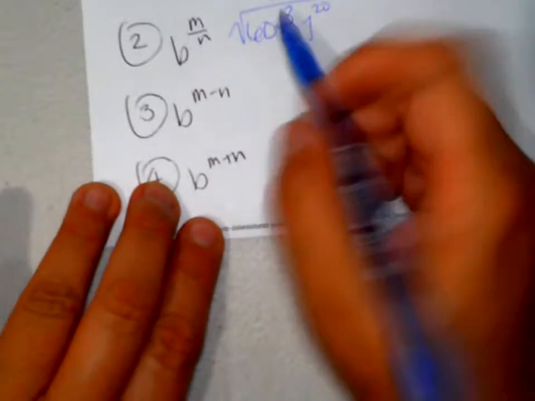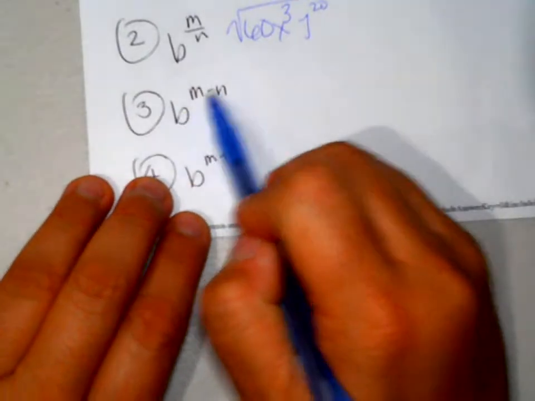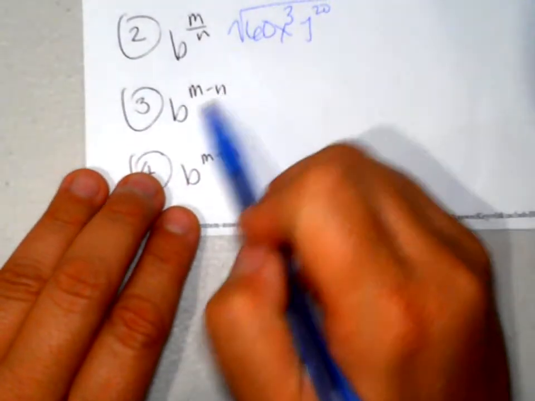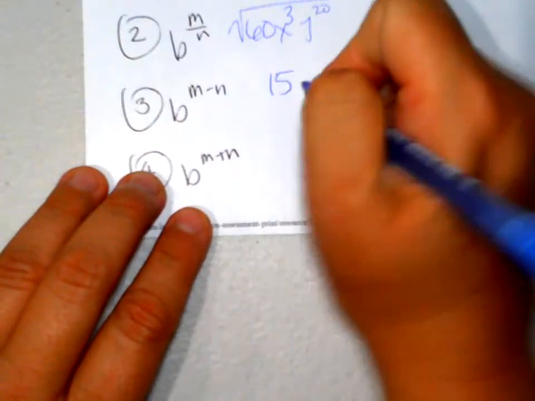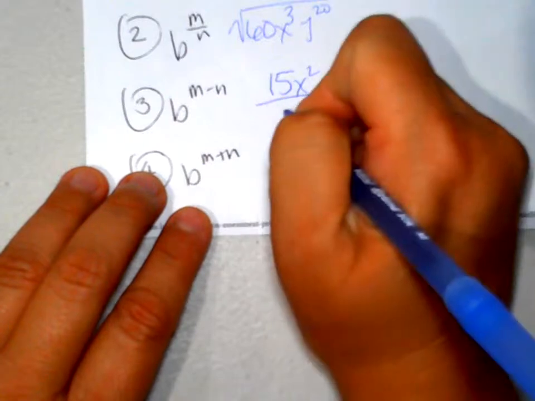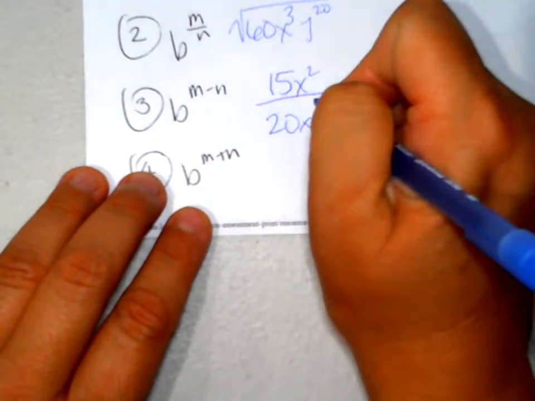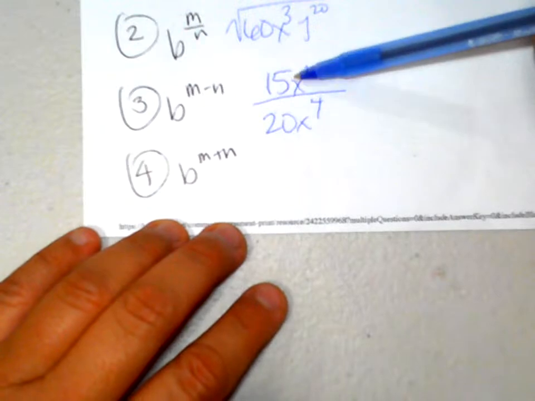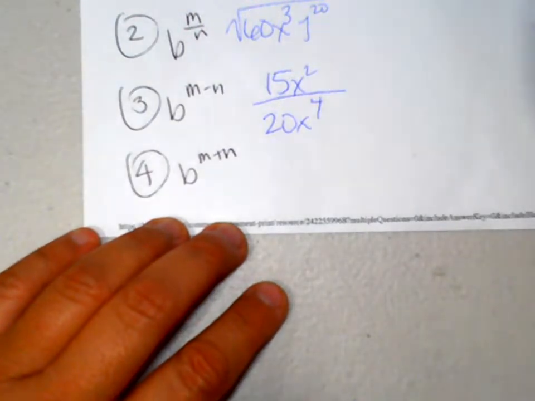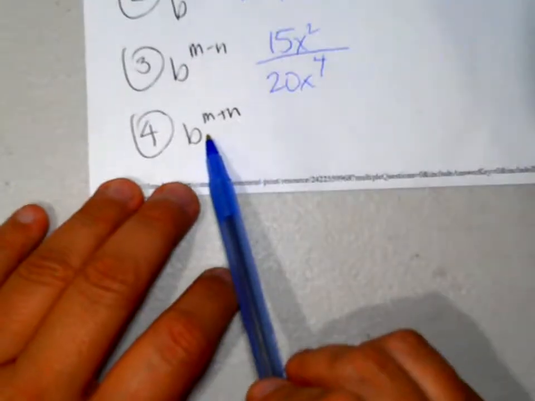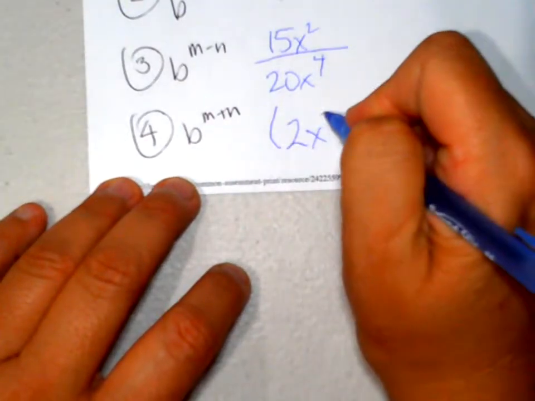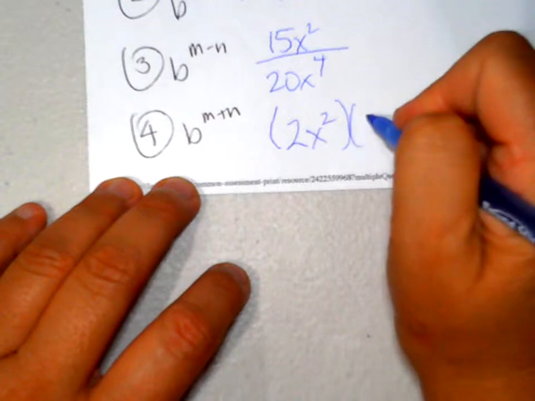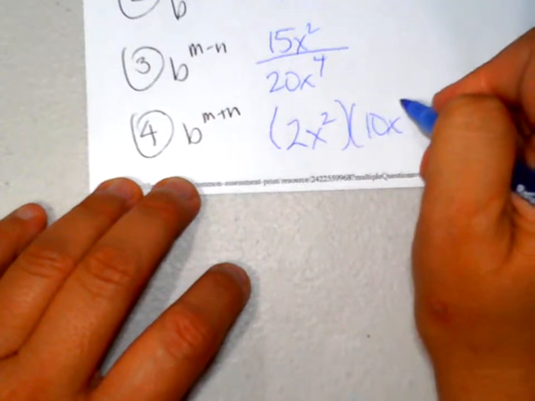Okay, this one right here, b to the m minus n. Okay, b to the m minus n. So this guy looks like what it would look like if you had 15x squared all over like 20x to the 4th. You're kind of subtracting your exponents. Okay, and this guy right here would be like 2x squared times 10x to the 5th.